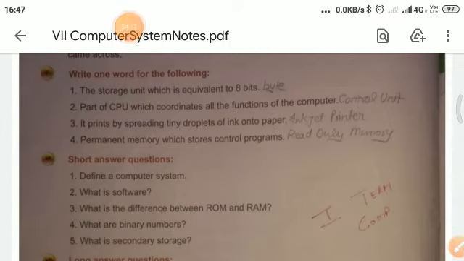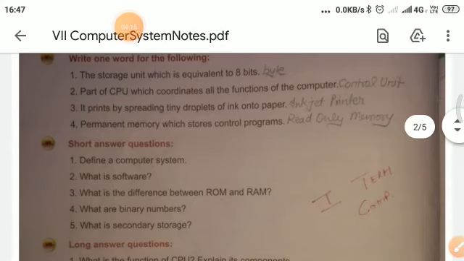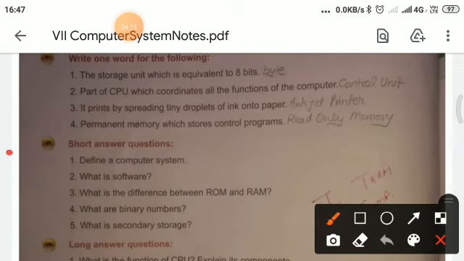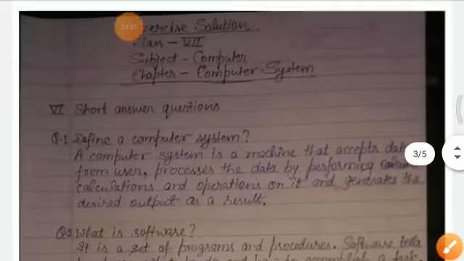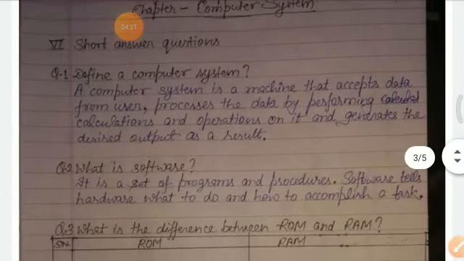Next section of your exercise is short answer questions. And let's see, your first question is define a computer system. So students, we will see what the answer of this question is.